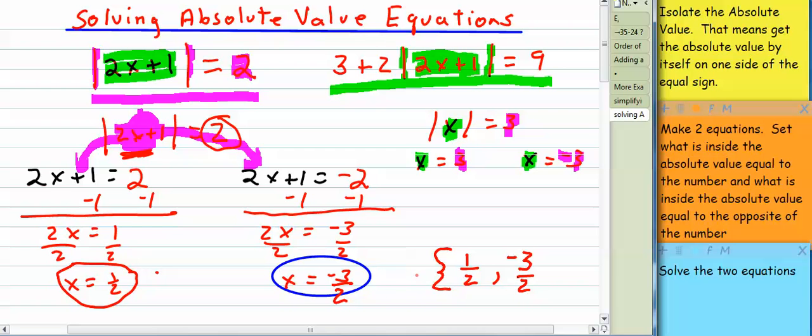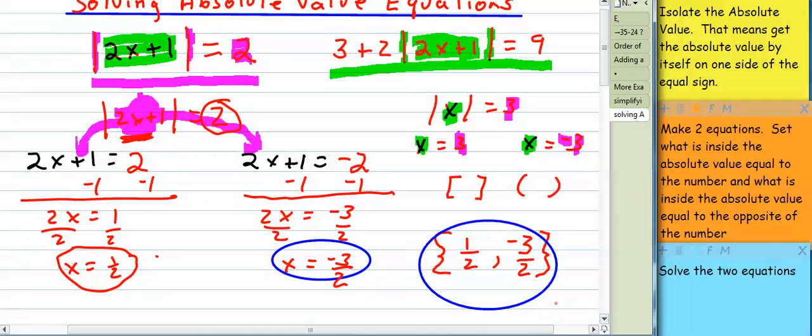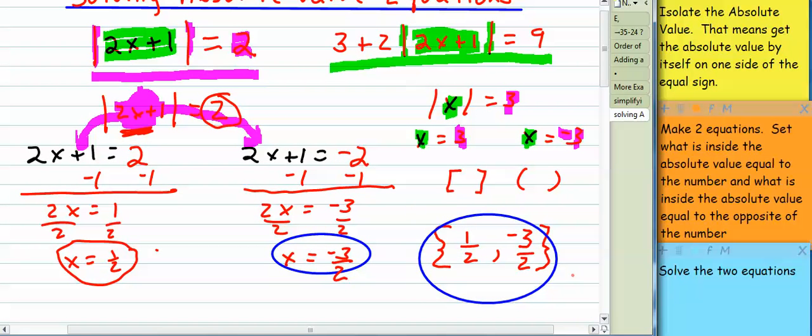All right, let me close it. If you put brackets around it, by brackets I mean these, it doesn't mean the same thing. If you put parentheses around it, it means something else. This means the solution set, the answers to our equation. So this is our answer. Okay?